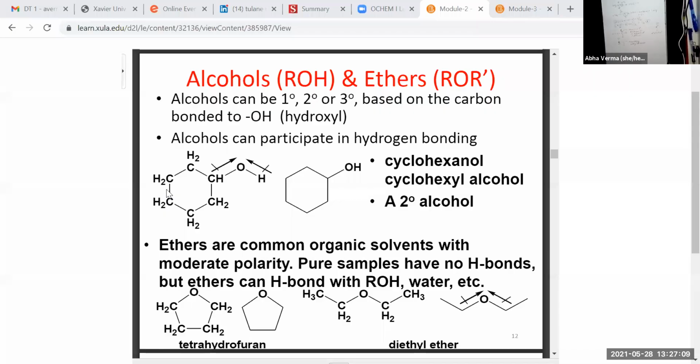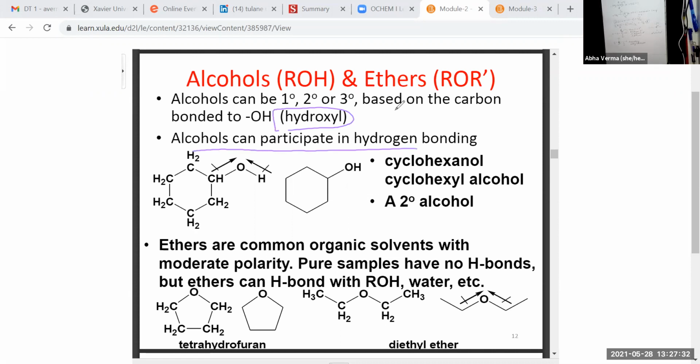So alcohols, alkyl halides, all of these need to be classified primary, secondary, and tertiary as well. In general, OH is known as the hydroxyl, based on the carbon bonded to the hydroxyl. So OH on its own is known as the hydroxyl group.